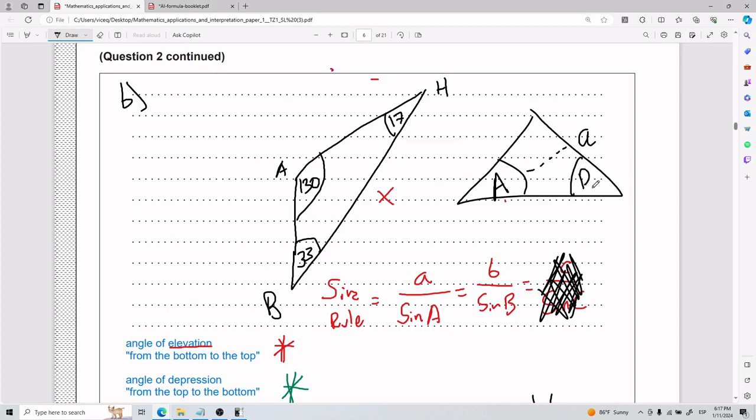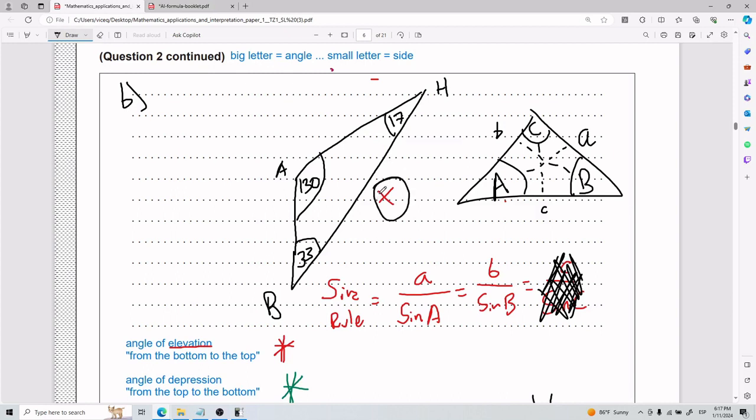If this is angle B, that means this is side little b. If this is angle C, that means this is side little c. So what's the intuition? Big letter, angle. Small letter, side. So when we talk about pairs, we're talking about pairs of angles with sides.